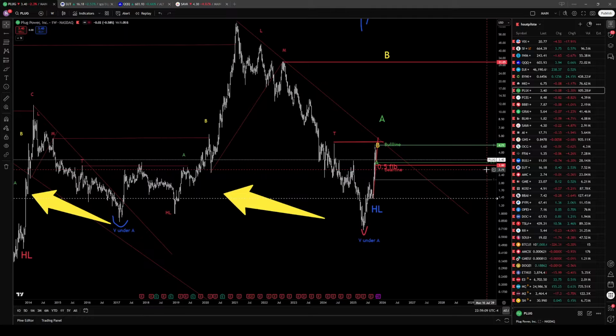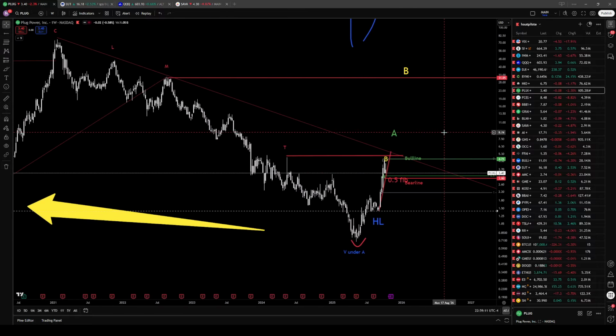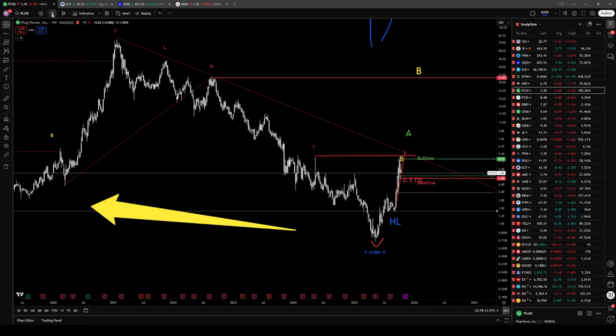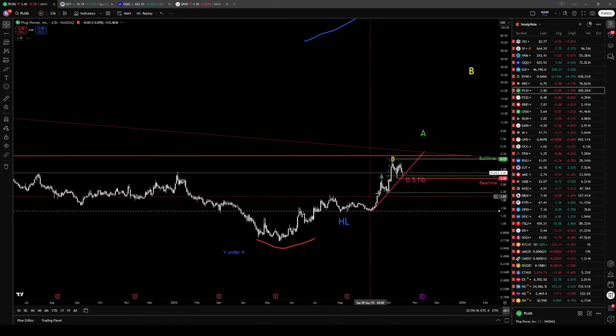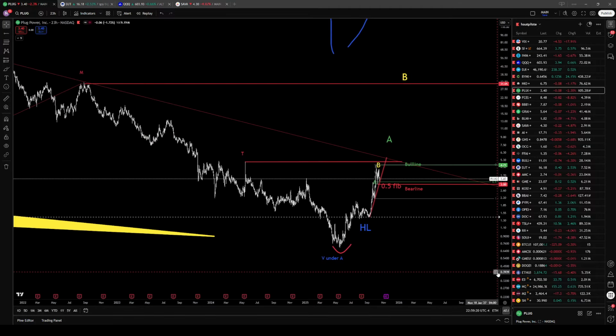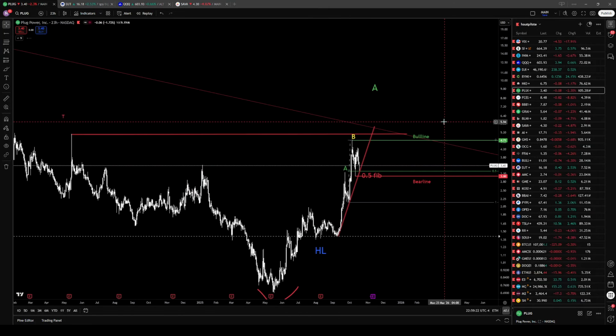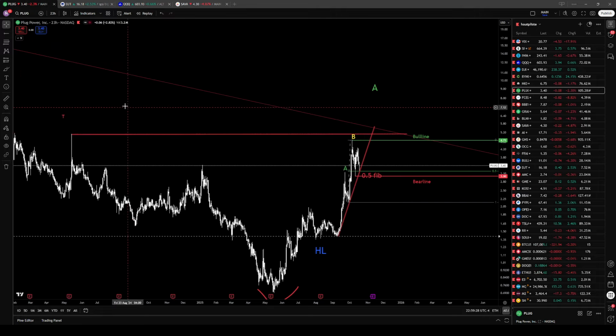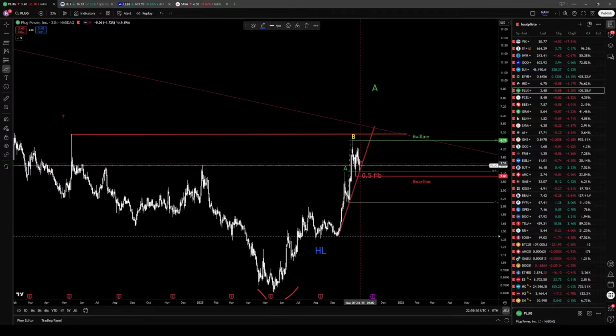So for our next target, in my opinion, we are still not finished with our A peak. I know we are close, but I would still imagine that our A peak is a little bit higher.